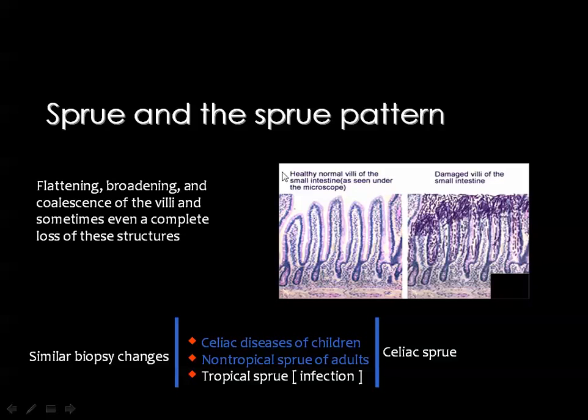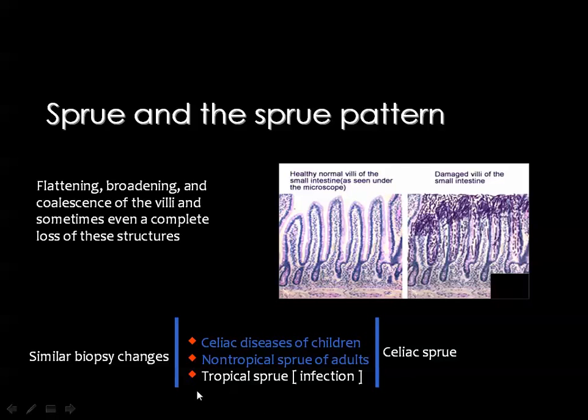You can see this is the healthy normal mucosa, and this is the damaged mucosa, and you see the degree of atrophy. Similar biopsy changes are seen in celiac disease of children and non-tropical sprue in adults.